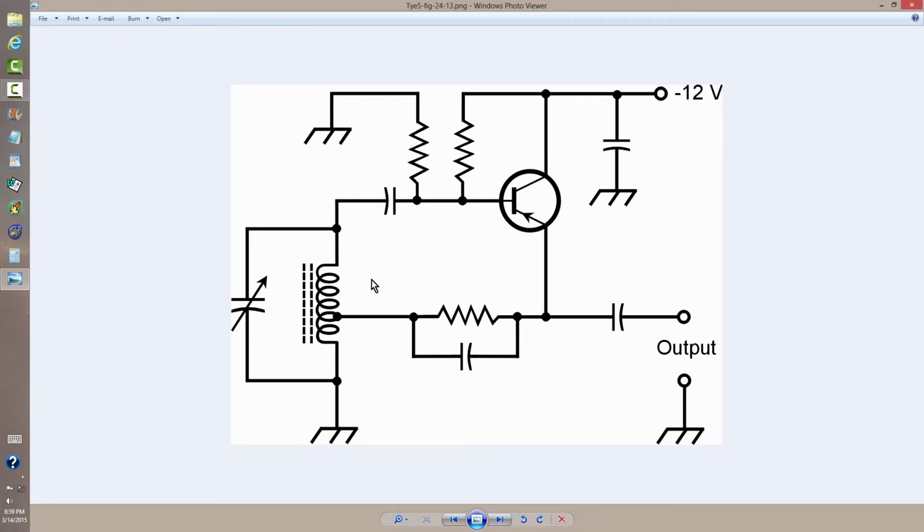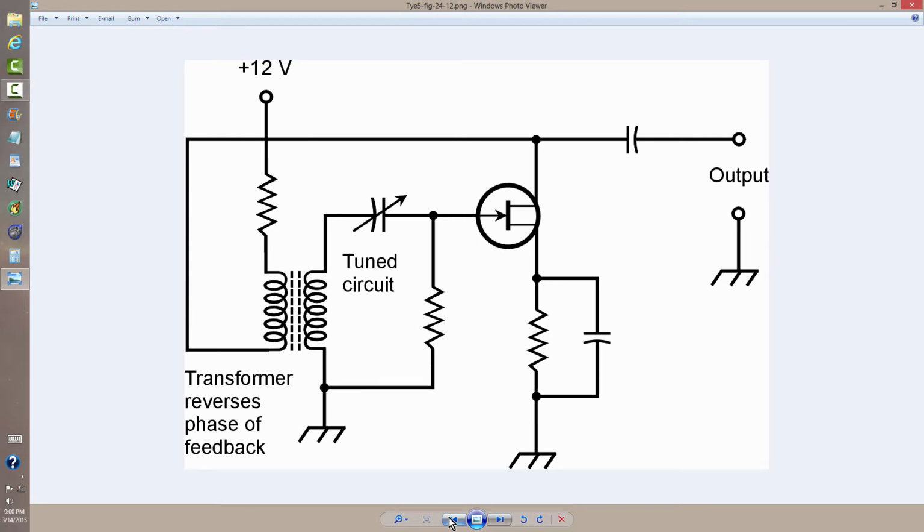This particular type of circuit is known as a Hartley oscillator. It employs positive feedback, just like all oscillators do, but it's a little less obvious that the feedback is occurring between the output and the input because of the nature of the circuit. Notice here too, we have an N-channel junction field effect transistor in the Armstrong example.